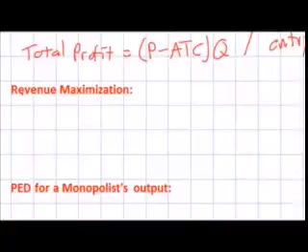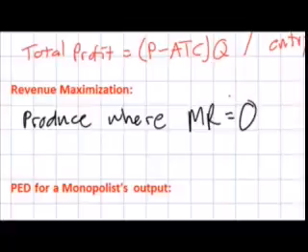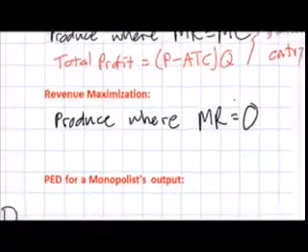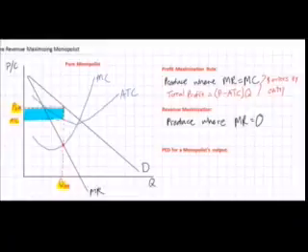If a firm had the desire to maximize its revenues, then it should produce at the quantity where marginal revenue equals 0. Now we're going to look at a graph and explain why this quantity is where total revenue is maximized. First, let's identify this quantity on our graph. Look at the marginal revenue curve.